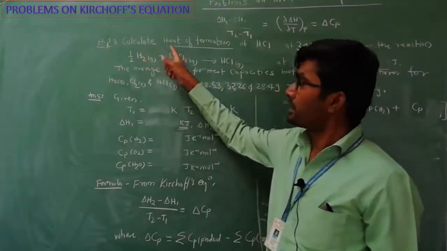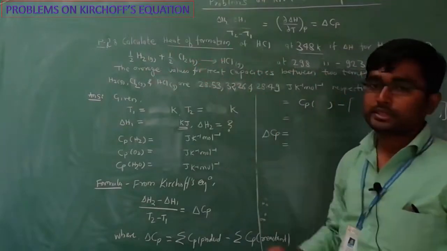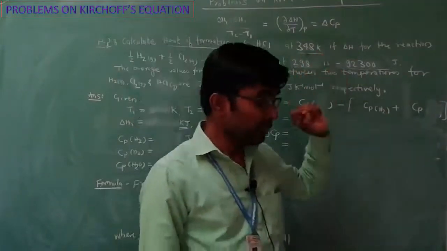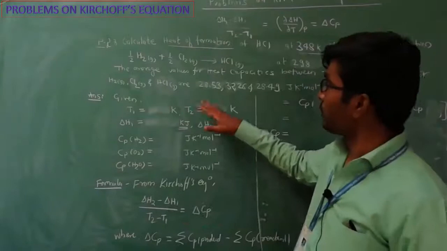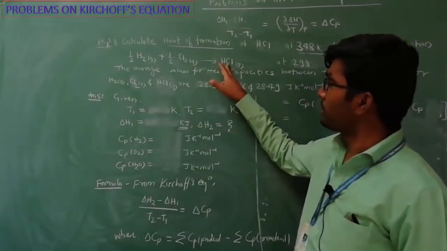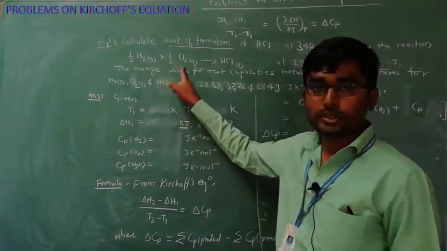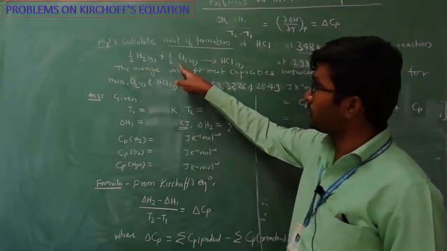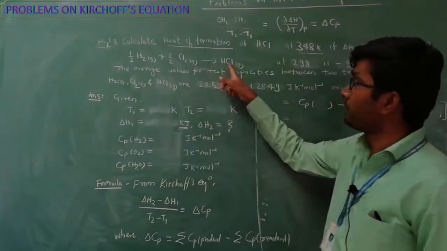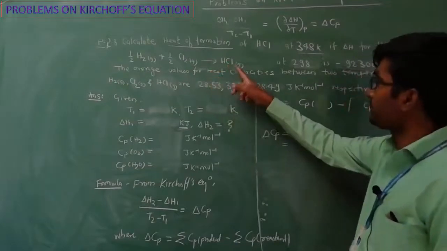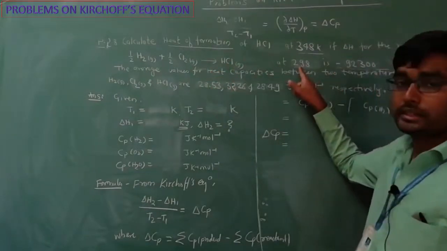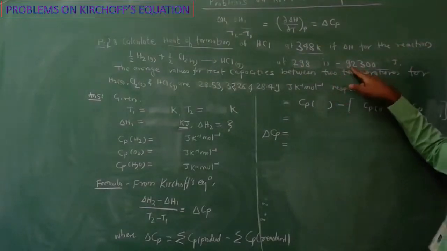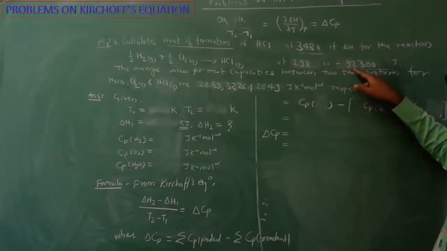Problem number 2: calculate the heat of formation of HCl at 348 Kelvin if the heat of formation delta H for the reaction, in which HCl is formed from hydrogen gas and chlorine gas, 1/2 mole of hydrogen gas combining with 1/2 mole of chlorine gas to form HCl gas, at 298 Kelvin is minus 92,300 joule.